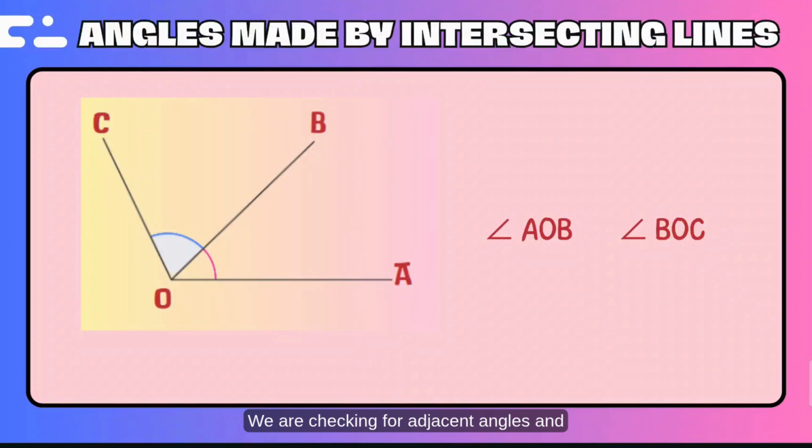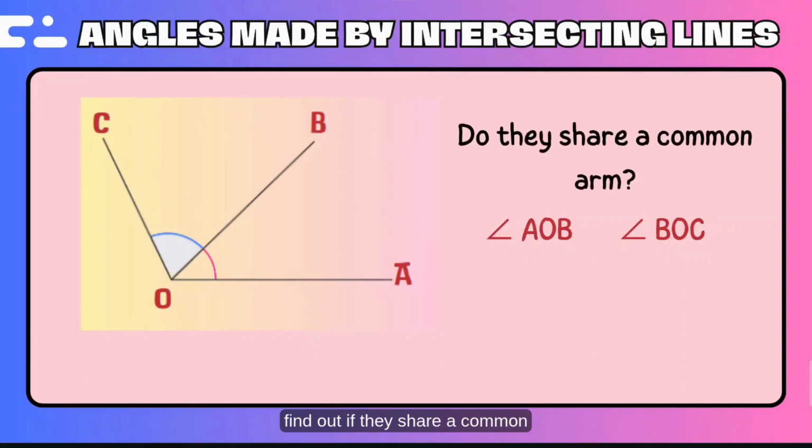We are checking for adjacent angles and we have already got our common vertex. Examine the names on the screen and find out if they share a common arm. If you read the names closely, you will see that OB is getting repeated in both the names. And if you look at the illustration also, you will see that OB is like a divider between both the angles.